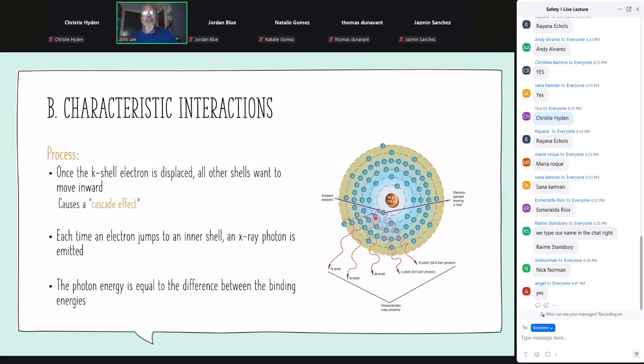That's of no use diagnostically, and more than likely it'll get absorbed by the filtration and never reach the patient. And then any of the others that occur are much, much lower in energy, and most of those aren't even likely to leave the X-ray housing. So what we only concentrate on is the K shell characteristic interactions and all the different averages or the different possibilities of X-ray energies that could be.